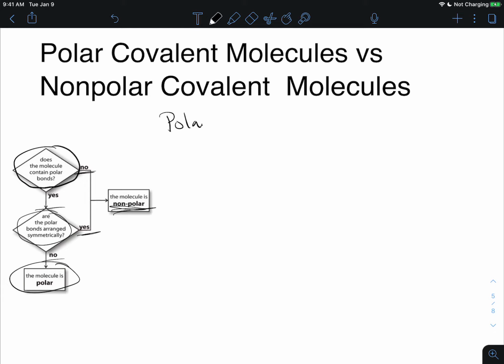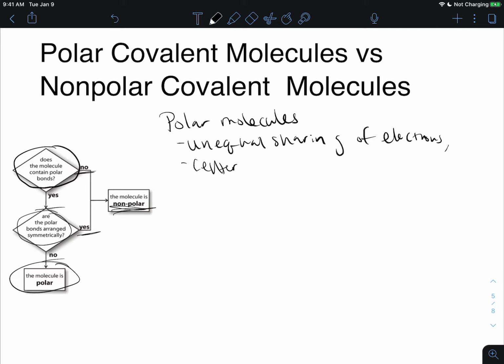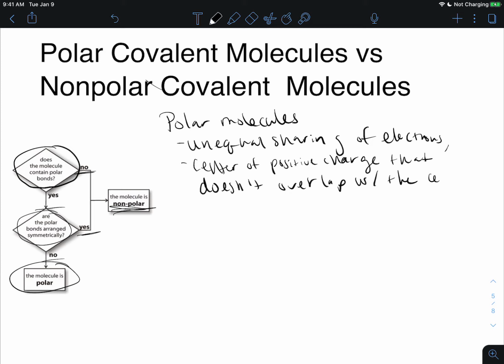Our polar molecules themselves, they are going to have an unequal sharing of electrons. They're going to have a center of positive charge that doesn't overlap with the center of negative charge. And these charges are coming from the dipoles, right?